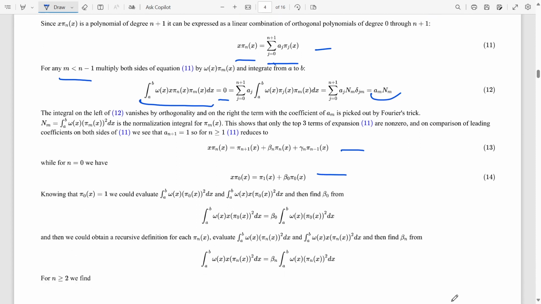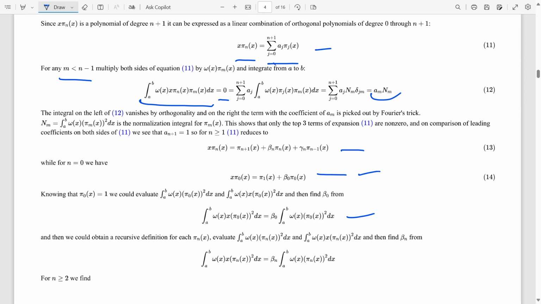We could multiply both sides of this equation by pi naught of x times omega of x and get an expression for beta naught after we integrate.